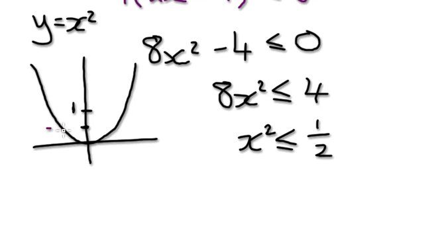You're trying to choose values of x where, when you square it, it has to be less than or equal to a half. In this case, the region in here is good. What's inside here is good. What's outside here would be bad. So this is bad, bad, good, good.